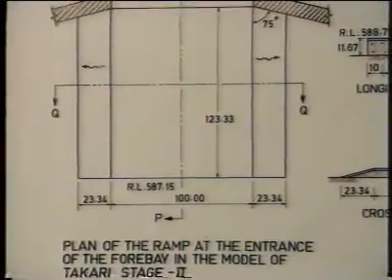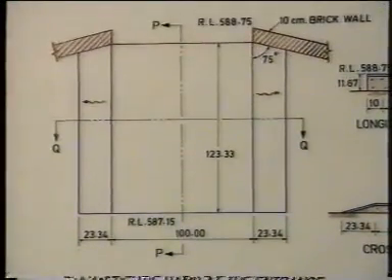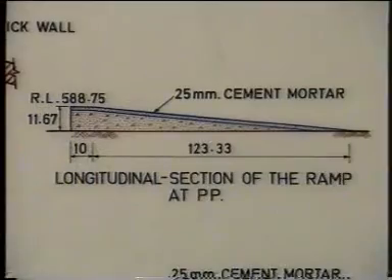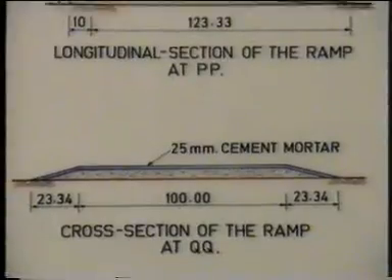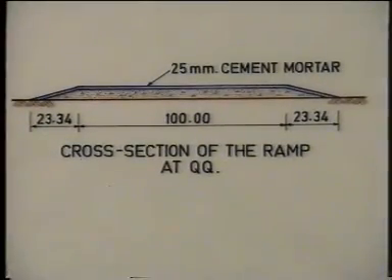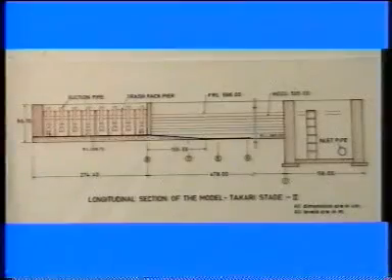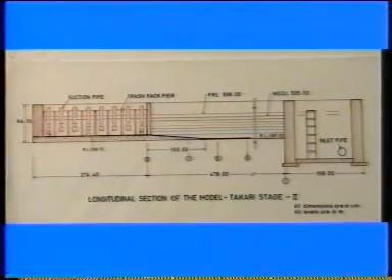In this view, the plan and longitudinal and cross sections of the ramp provided at the entrance to the forebay are seen. The longitudinal section of the model is seen in this view.